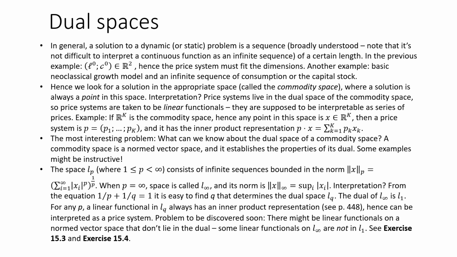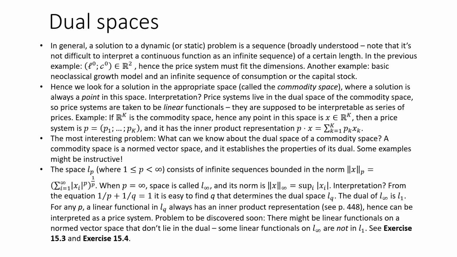It's no big deal. What is more important is that the price system must fit the dimensions of this solution. So if we were looking for the solution to the previous problem in the space of two-dimension points, we also knew in advance that the price system was going to have two elements.